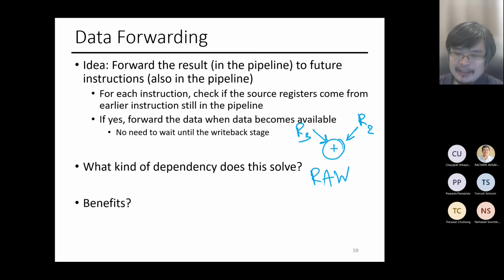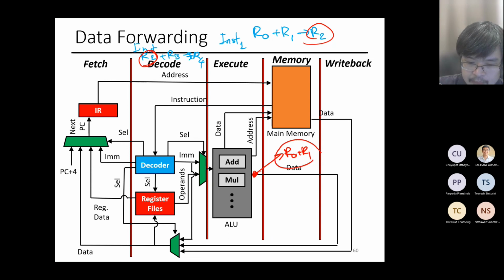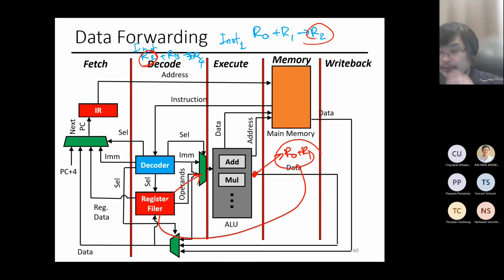We can already see from the earlier example, let's say I have instruction 1 that does R0 plus R1 into R2, and over here I want instruction 2 to be R2 plus R3 into R4. Instruction 2 needs R2, which is produced by instruction 1. So over here, this is R0 plus R1. You just forward this to instruction 2 and then you're done. That's it, right?